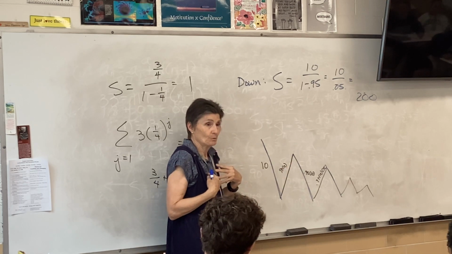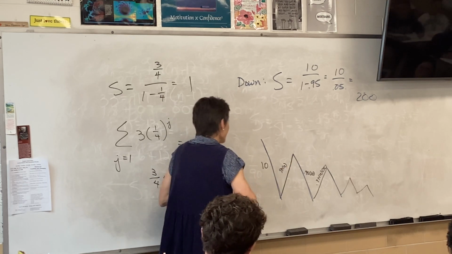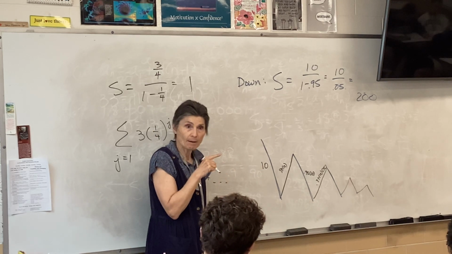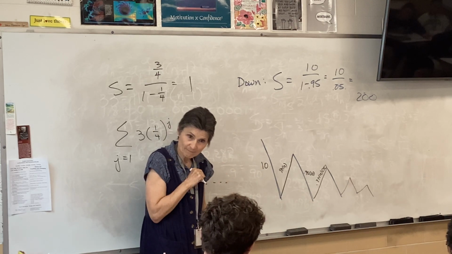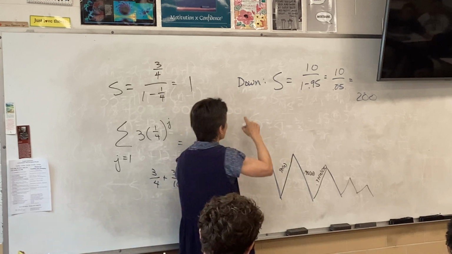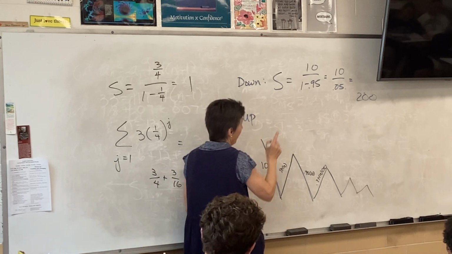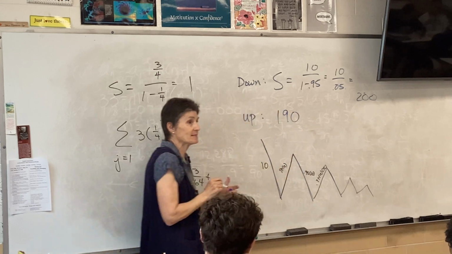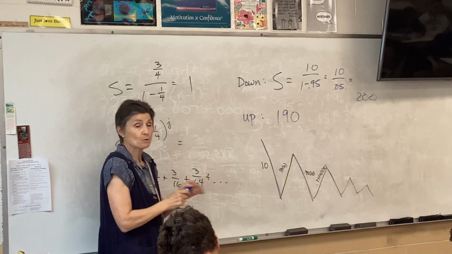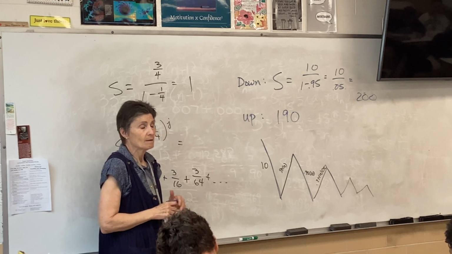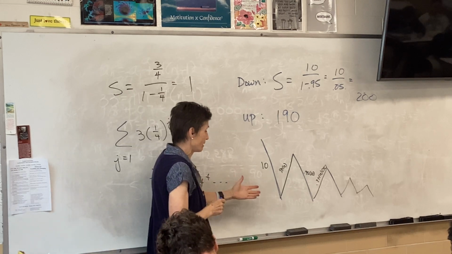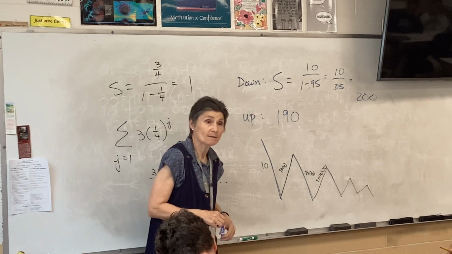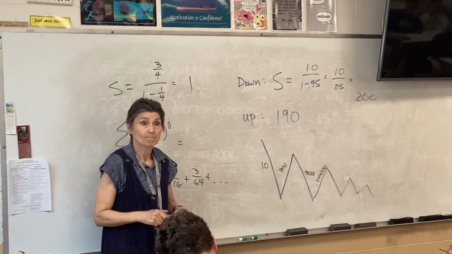What I like to do is say the ups and downs are exactly the same, except the ups don't have that first 10. So if my downs are 200, then my ups are going to be 190. Does that make sense to you? Now you can certainly work it out again, but I think that makes sense. So what's the total distance traveled by the ball? 390.